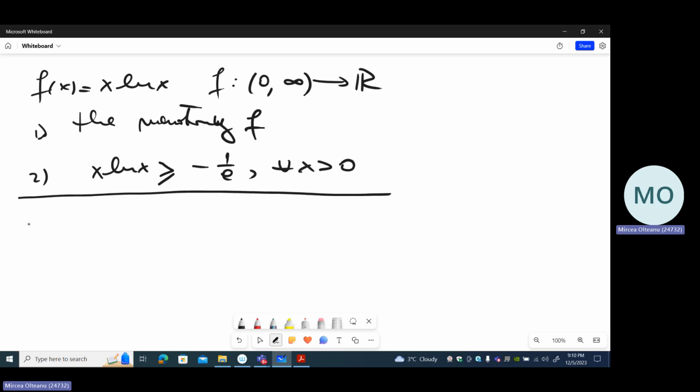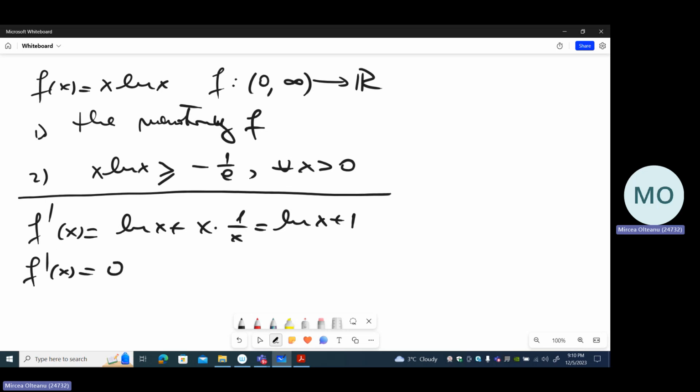We shall start by computing the derivative, which is given by logarithm of x plus 1. Now, the second step is to solve the equation f prime of x equals 0. The solutions of this equation are called critical points of the function f.